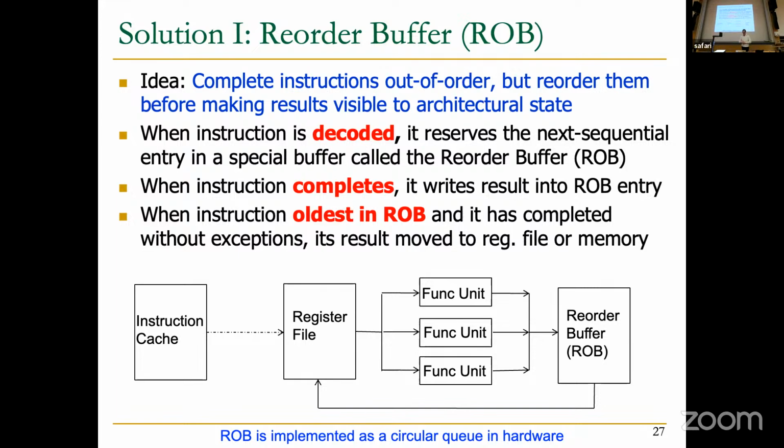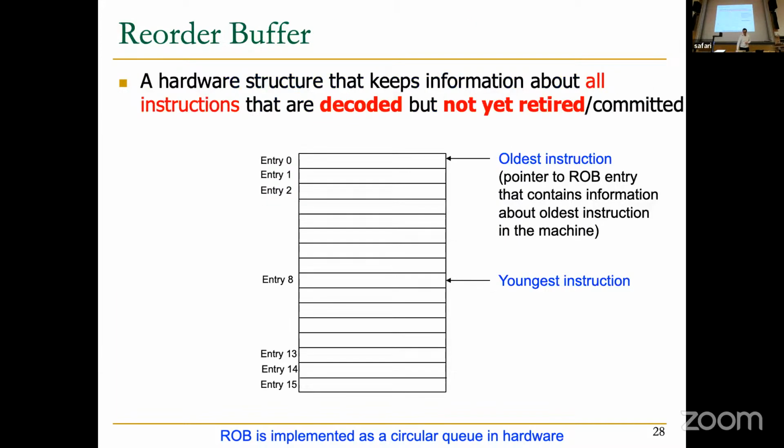This way, you can enable architectural state to be preserved precisely, but you also enable out of order completion of instructions. Now that's the good thing. You get higher performance, and you also have von Neumann semantics to be obeyed. Okay, so let's take a look at this.